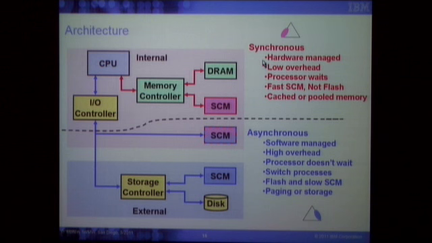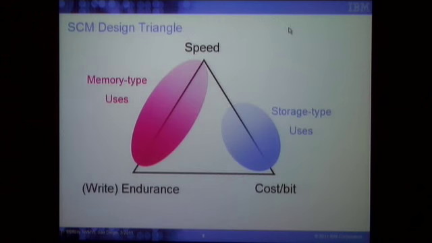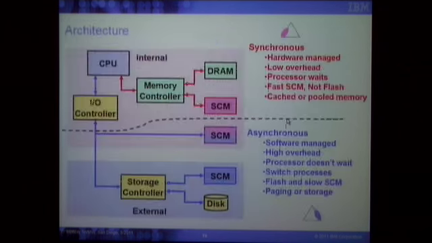And what you do with these things, as I said a few minutes ago, will be like, in this case, synchronous access, and that's more like the memory kind of thing. That's from this picture that I had before. That's this red oval, versus the other one, which is the purple colored oval, where you access it through this I/O controller, and hence it becomes an asynchronous access. So typically over here, you could use it as a supplement to DRAM or as a replacement for DRAM.